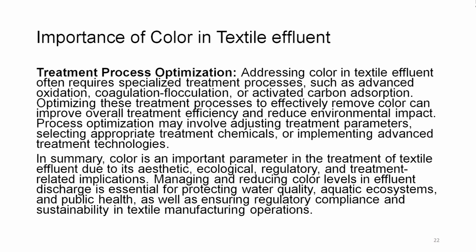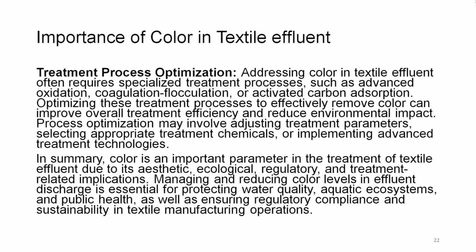Optimizing these treatment processes to effectively remove color can improve overall treatment efficiency and reduce environmental impact. Process optimization may involve adjusting treatment parameters, selecting appropriate treatment chemicals, or implementing advanced treatment technologies.